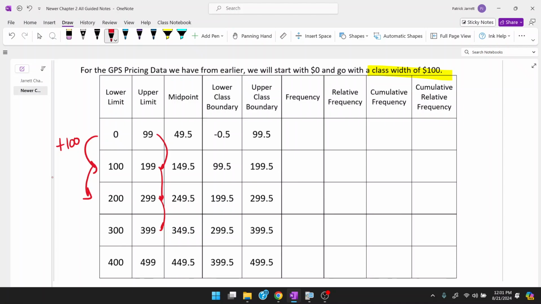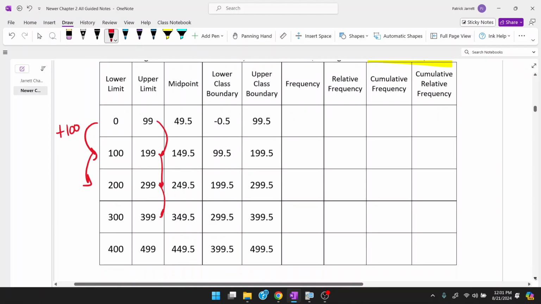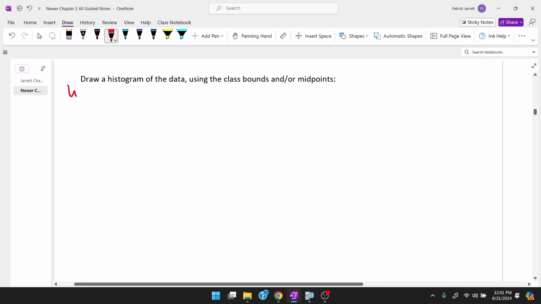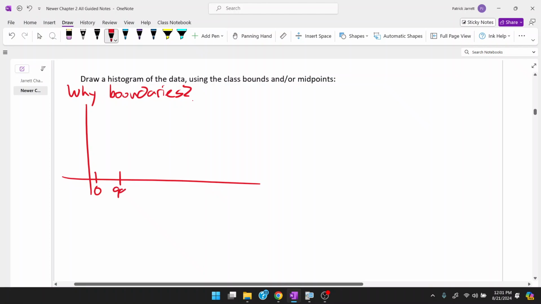But why do we do the boundaries? Well, here's why. After we figure out the frequencies, here's what a lot of students would do. They would go 0 to 99, but then 100 to 199.